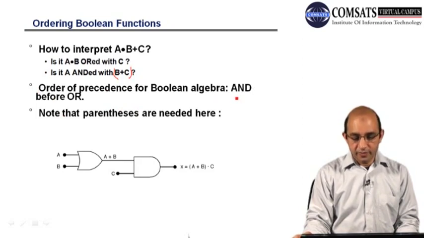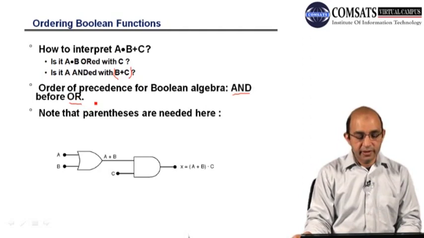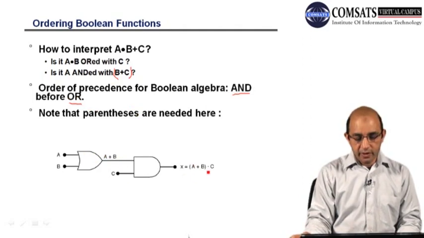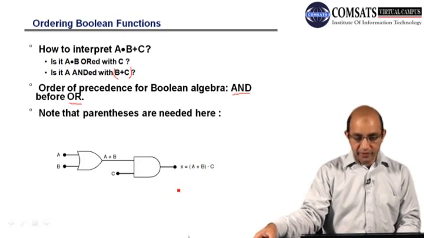In Boolean logic, we give more precedence to AND. After solving the AND, OR will be the next one. So OR has the second precedence, right? So if you look at here, we have A plus B, and we have to put a bracket over here in order to make things understandable or simpler, right?